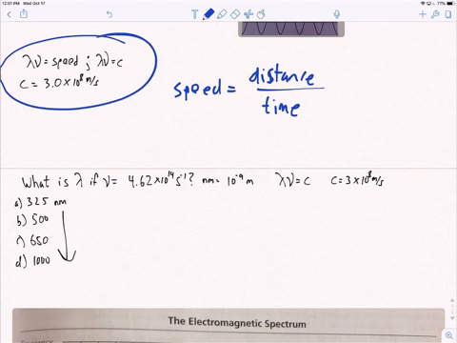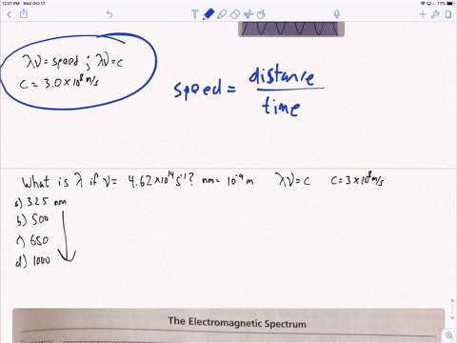Those are lowercase lambda and lowercase nu. I don't know why we don't use L or F like they do in physics. Probably because it was pioneered in Germany, and for whatever reason they chose Greek.